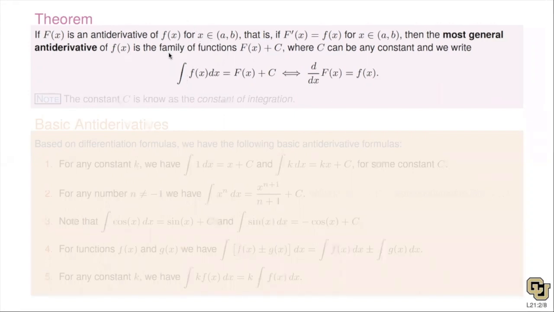So when you see this statement, what you want to verify is, is the derivative of the F of x plus c part equal to little f? If it is, then we have a true statement. That's the only time we can write the antiderivative of little f equals capital F plus c, is when the derivative of capital F is equal to little f.